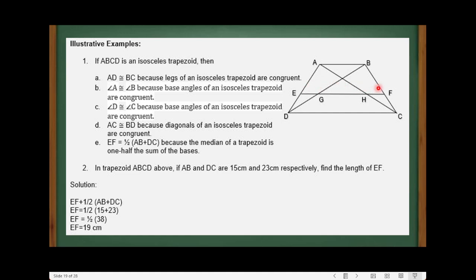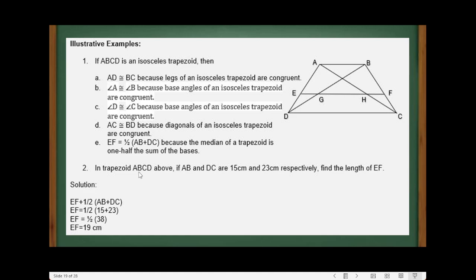Because segment E and segment F should be the midpoints of their respective legs of this trapezoid. Now, assuming that this is the median, segment EF is half the sum of the lengths of segment AB and segment DC, because the median of a trapezoid is 1/2 the sum of the bases. Okay?